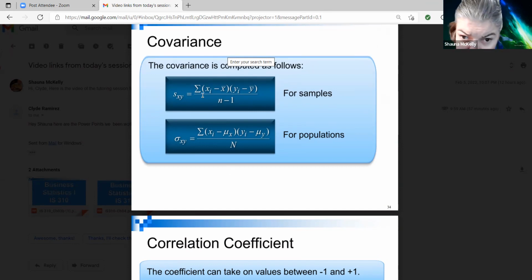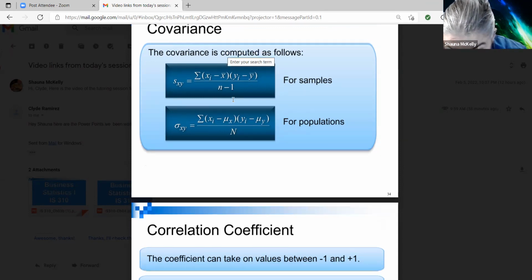So in other words, what you would have to do here would be you'd take every score of X, you'd subtract the mean of X. You'd take every Y score, subtract the mean of Y from it. Okay, add the differences together, multiply them, and then divide by n minus 1.